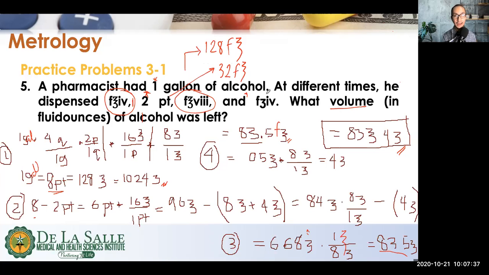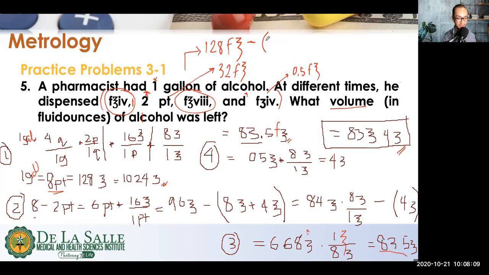Okay, so you only removed or dispensed 4 fluid grams. And we know that 8 fluid grams are equivalent to a fluid ounce. So this is equivalent to only 0.5 fluid ounce. Okay? So next that you will do is you will just subtract the sum of all of these from the 128 fluid ounces, which is the equivalent of a gallon.